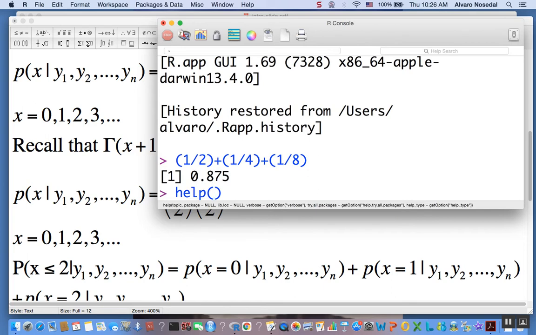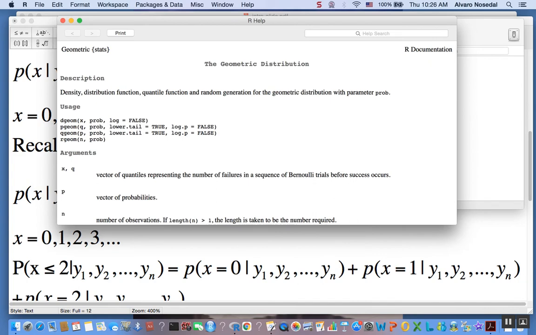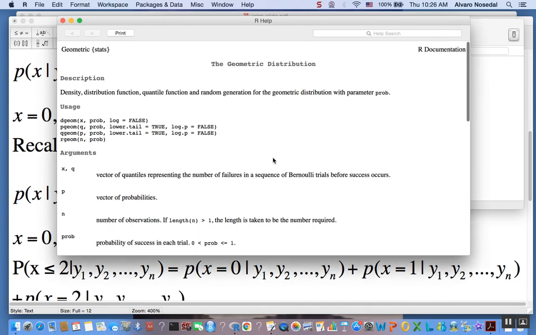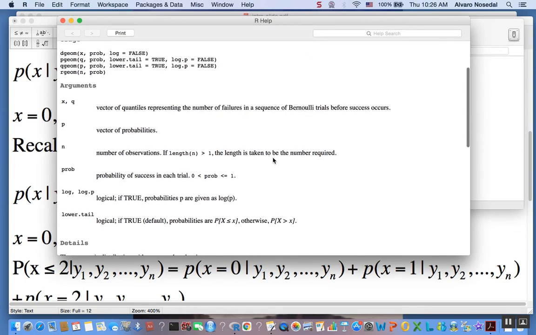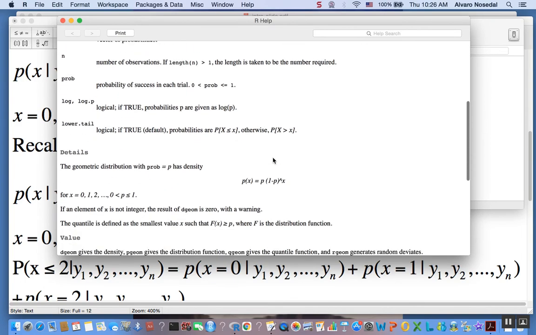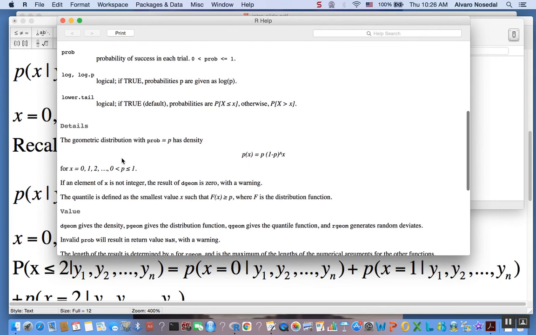Let's type help and let's see what we have for that function. dgeom would give you the distribution of a geometric, as the one that is used here in R. Let's see how it is defined. So we have a geometric distribution.